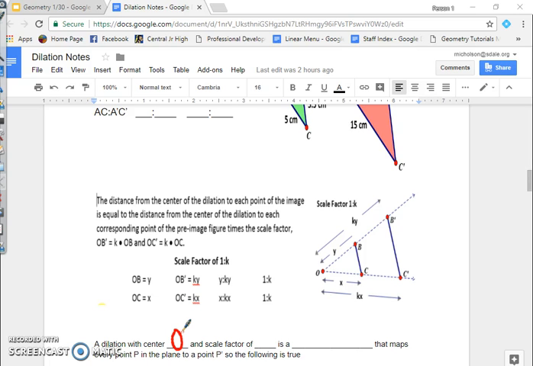Anybody remember from doing partitioning line segments how we denote scale factor? No? With a letter. Okay, so that's the point we're going to. How do we denote the scale factor? There was a letter we used to show that though.